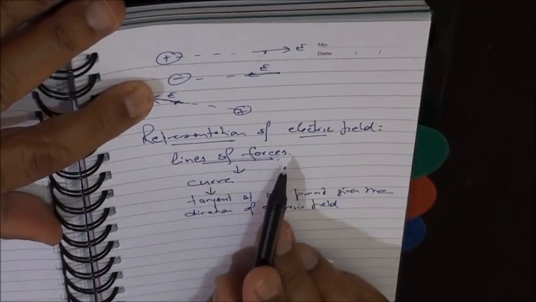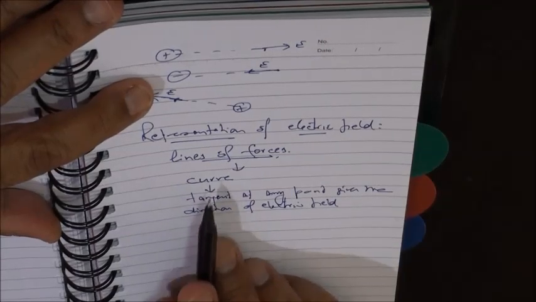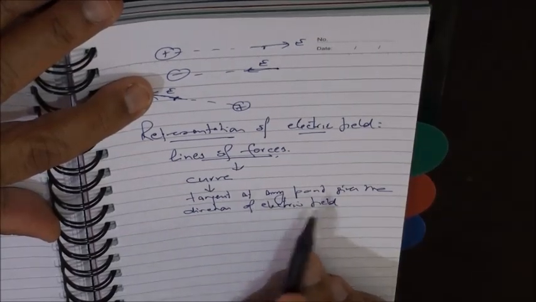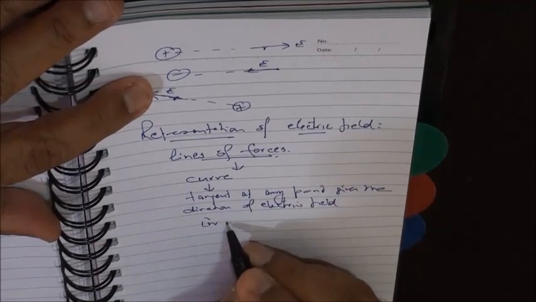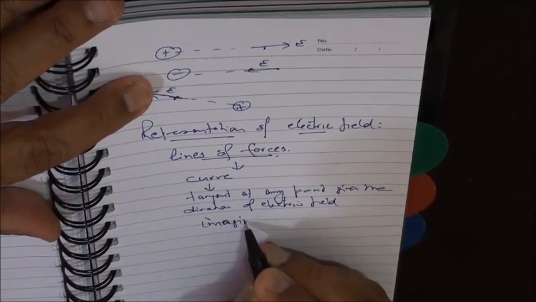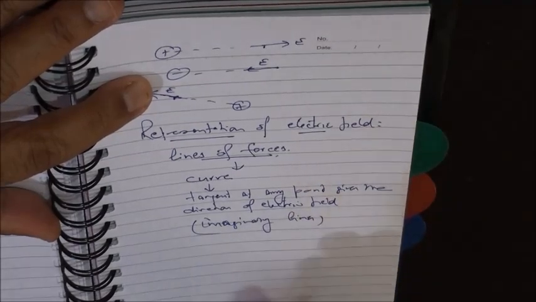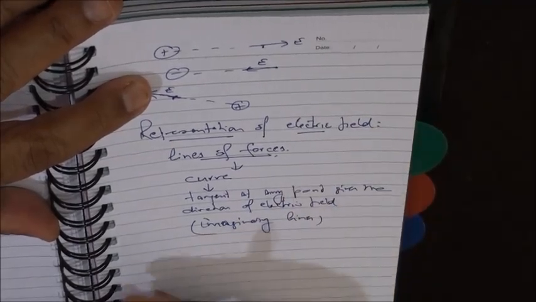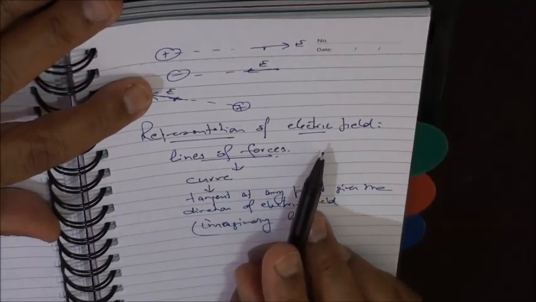Electric field lines or lines of forces are the curves drawn in such a way that the tangent at any point gives the direction of the electric field. These are the imaginary lines actually. They don't exist in reality. There are no lines actually. It's just our way to represent an electric field.